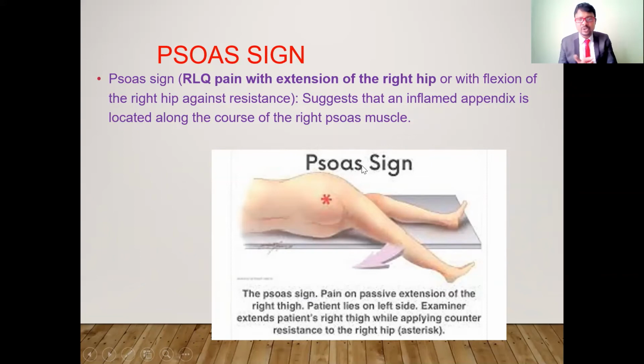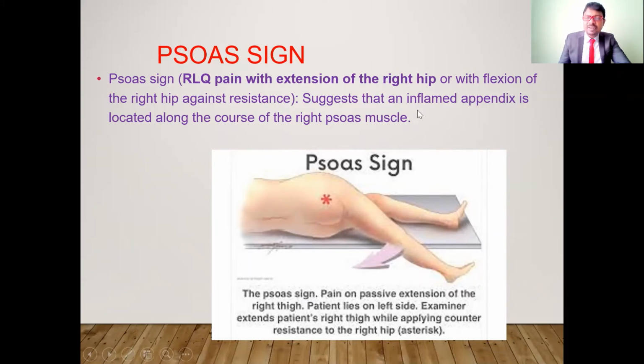The main action of the psoas muscle is flexion of the hip, so if you bring it into extension, the psoas muscle gets a stretch. Because of the stretching, it may cause irritation in the right iliac fossa, so it may give positive symptoms, that is, severe pain in the right iliac fossa. So it indicates acute appendicitis, or inflammation of the appendix.